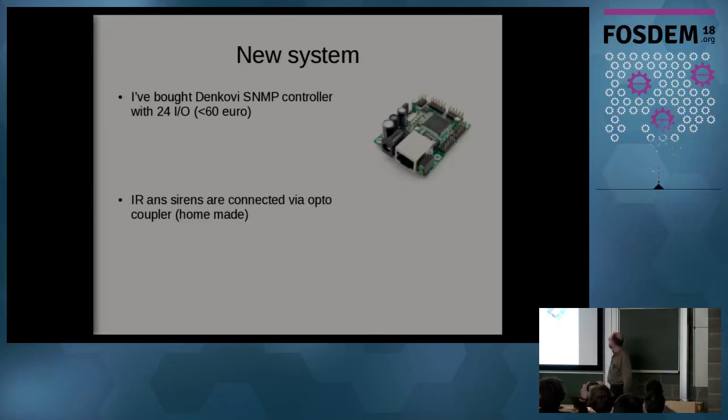The cost is quite acceptable, and I've used this system, but not directly. I'm using what we call an optocoupler. It's a small device which allows you to connect a system like sirens, like infrared captors.